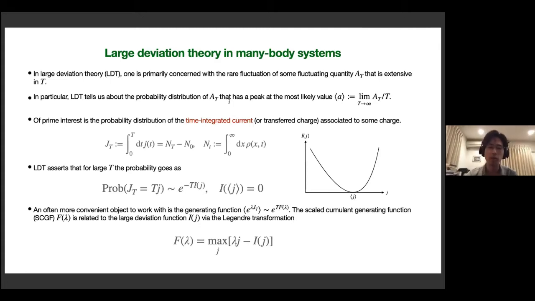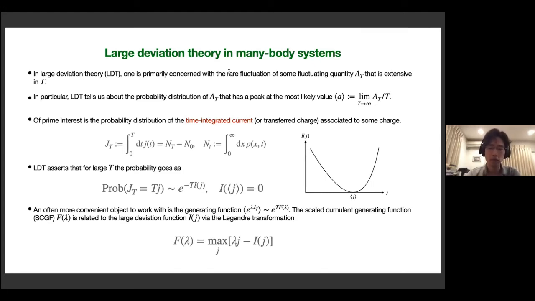So said in another way, this theory is caring about the probability distribution of observing some A_T that is significantly deviating from its average value. So what we have to do in this theory is to try to compute this probability distribution.